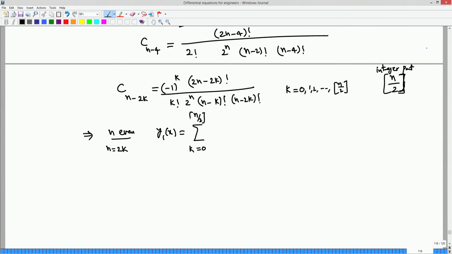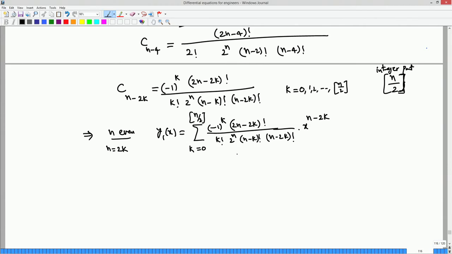If n is even, no problem, integral part also is n by 2, minus 1 power k, 2n minus 2k factorial divided by k factorial 2 power n, n minus k factorial, n minus 2k factorial. This is what you will get into x power, if k equal to 0, what is this? If k is 0, x power n coefficient, if k equal to 1, x power n minus 2 coefficient. So, every time you have 2k, so x power n minus 2k.